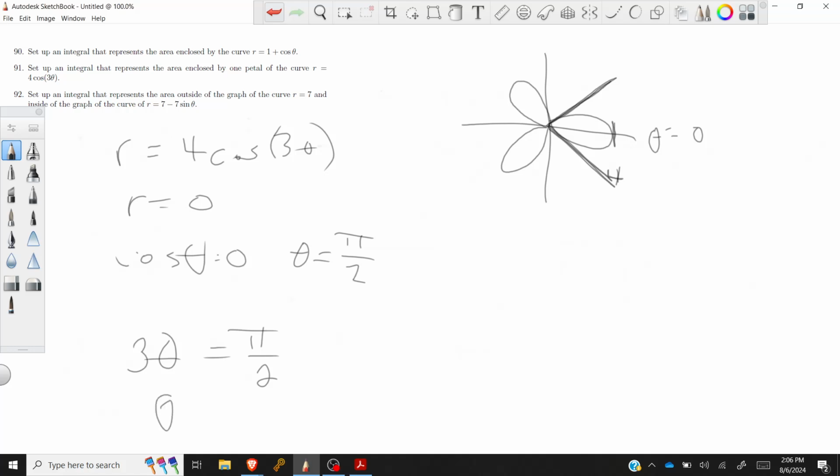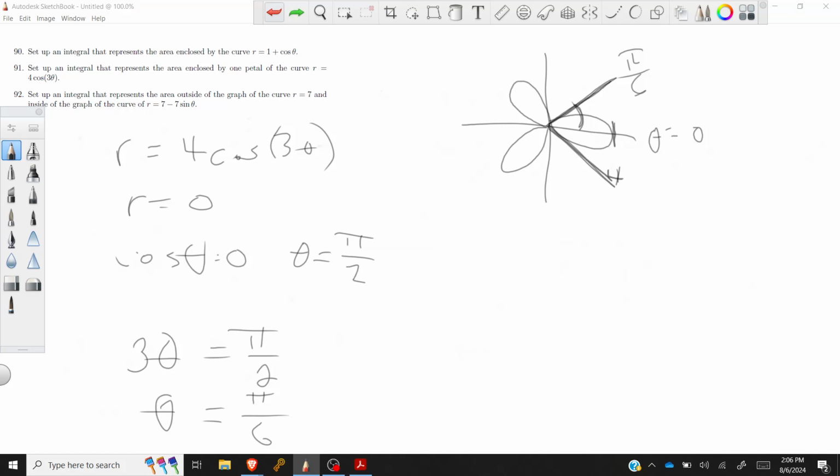If we solve for theta here, we will get pi over 6. So we know that this first angle here is going to be pi over 6. That makes sense because if we plug pi over 6 into here and multiply by 3, we get pi over 2, and cosine of pi over 2 is equal to 0.